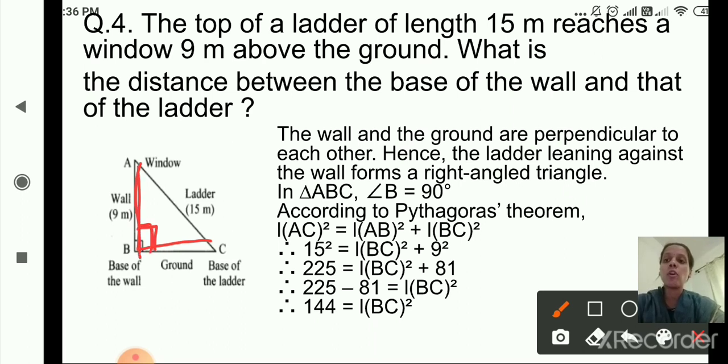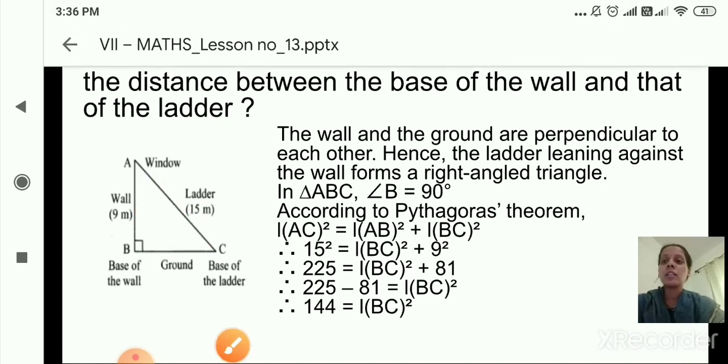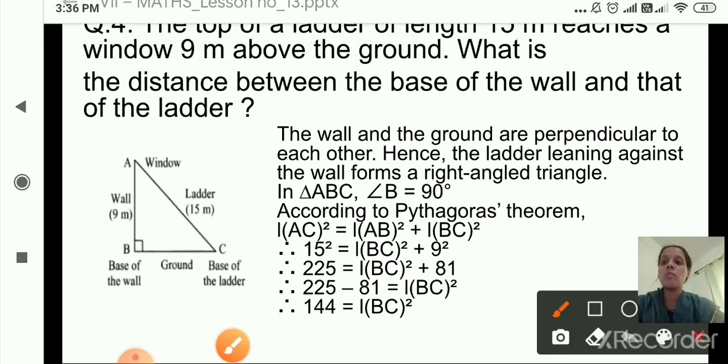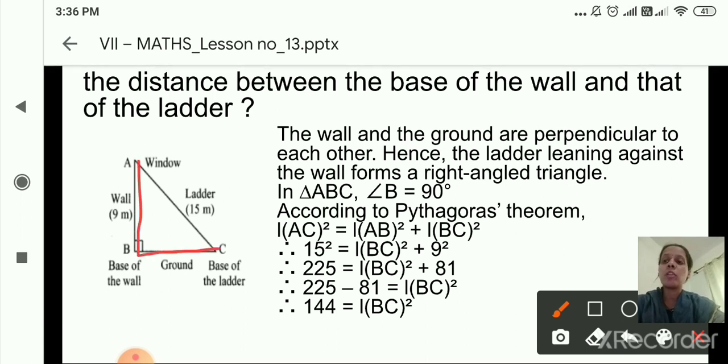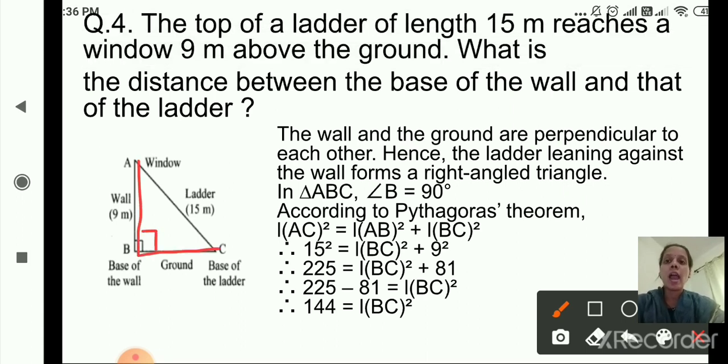Hence the ladder which is leaning against the wall forms a right angle triangle. So as this wall and the ground are perpendicular, this is 90 degree, and the ladder which is leaning against the wall forms a right angle triangle. So this is right angle triangle.